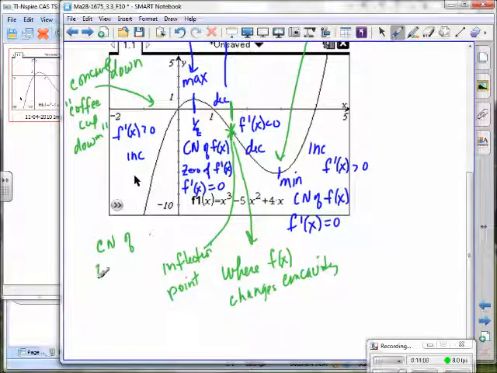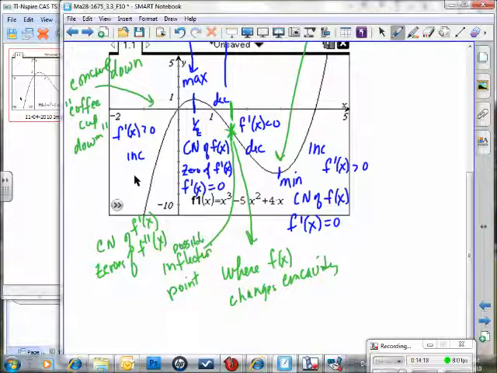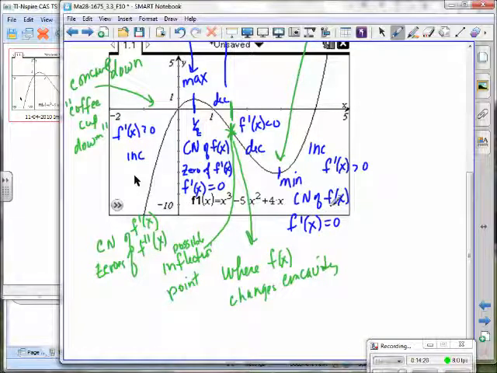So if we take zeros of our second derivative, we have found critical numbers of our first derivative, and those critical numbers will indicate possible, we should put the word possible up here, possible inflection points, just like the zeros of the first derivative find possible extrema. They're not always extrema. They could be something else.